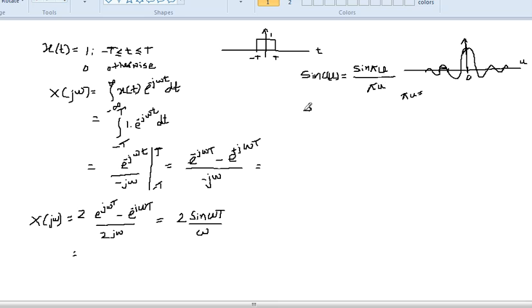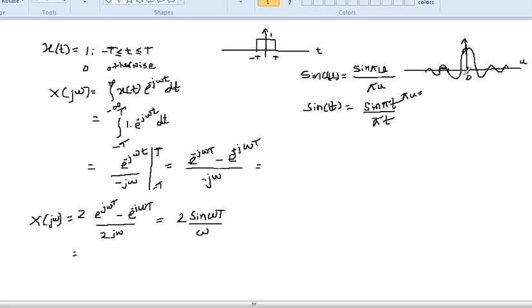If it is sinc of t, then certainly it has to be sine of pi t divided by pi t. In this way it will be given, so it may be for any variable.